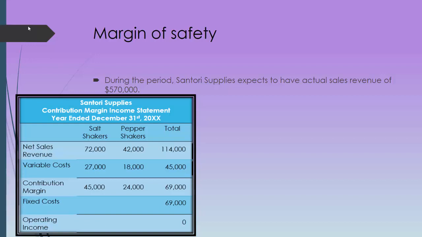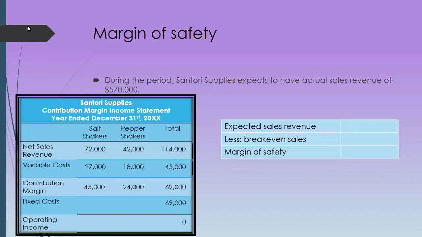So if Santori Supplies expects to have actual sales revenue of $570,000 related to these two particular models, we can throw that in as our expected sales revenue, subtract out the amount of revenue that we have to have in order to break even, which we just figured out on our contribution margin income statement was $114,000, means we have $456,000 margin of safety. So our sales on salt and pepper shakers can decrease by $456,000 before we start actually losing money on the sales of these particular models.